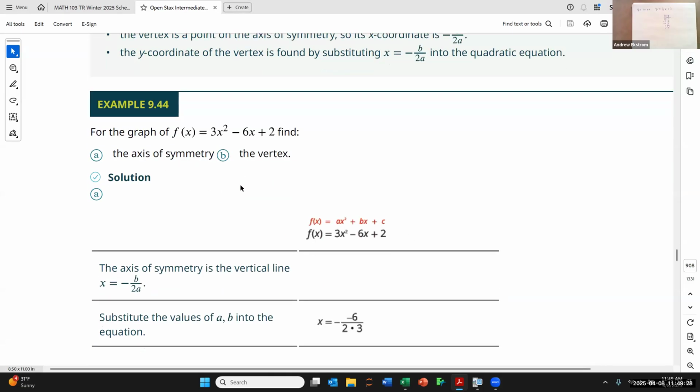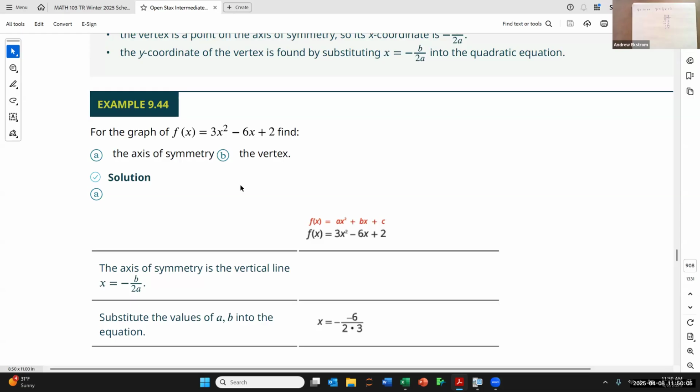So just looking at this, the axis of symmetry is that x value when x equals negative b divided by 2a. Here b is -6. Negative times a negative is a positive. Positive number out here means it's a smiley face, so it opens upward. -6 divided by 2 times a, so 2 times 3.